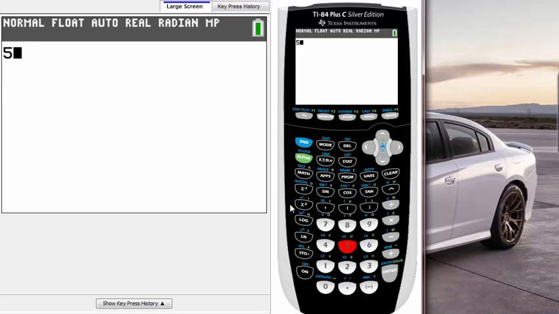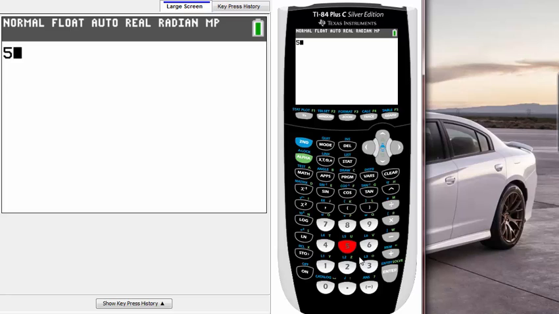If you look on the left, right next to 7, there's a button called log, L-O-G. On top of that, you will see this button has X and a small 2 on the top right of it. That is the square button.